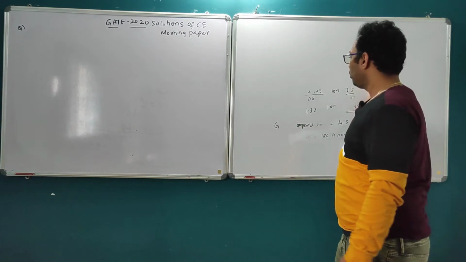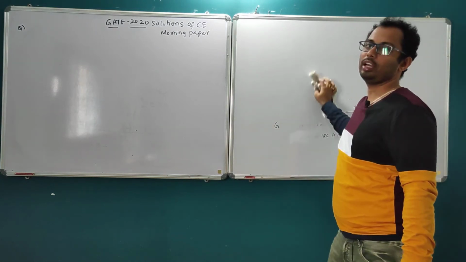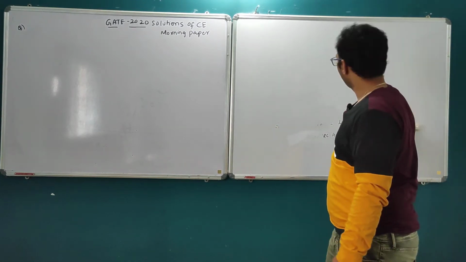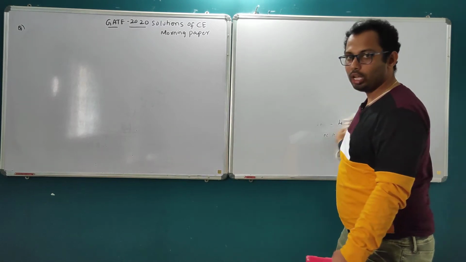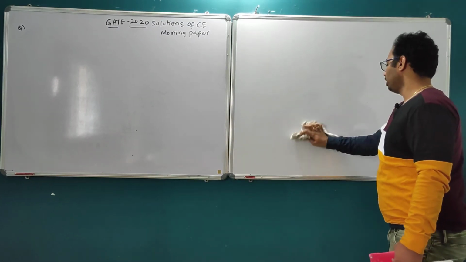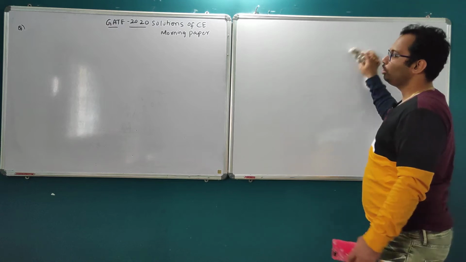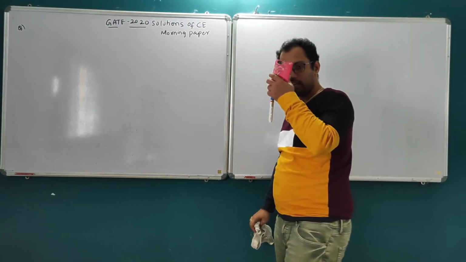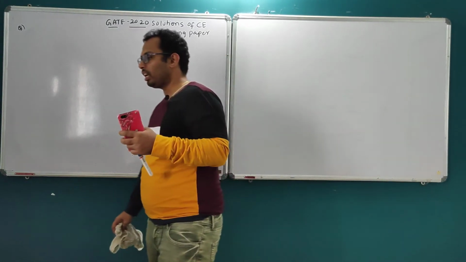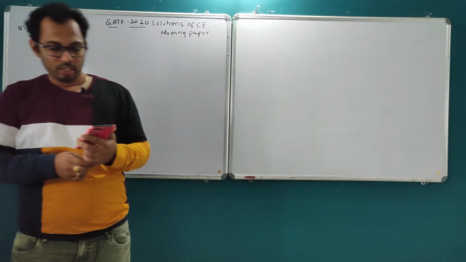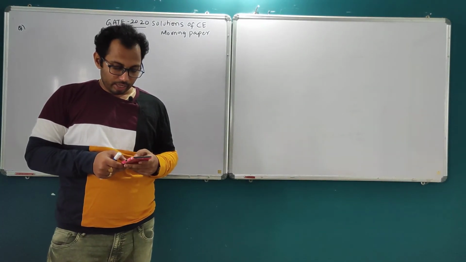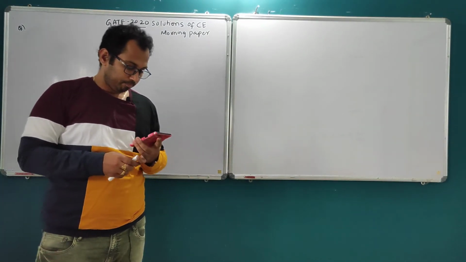So stability can be attained only when the metacenter is above the center of gravity. I think you might know this from the fluid mechanics topic, where we generally learn this concept.